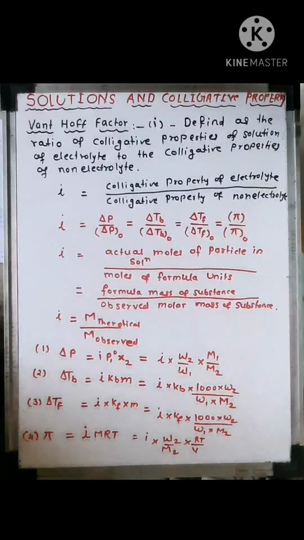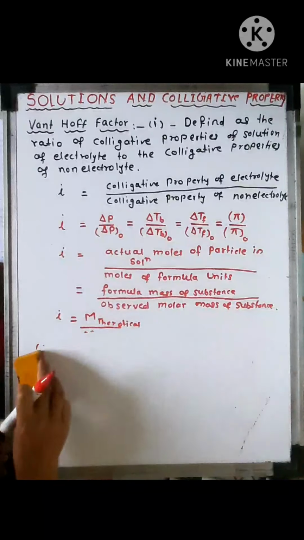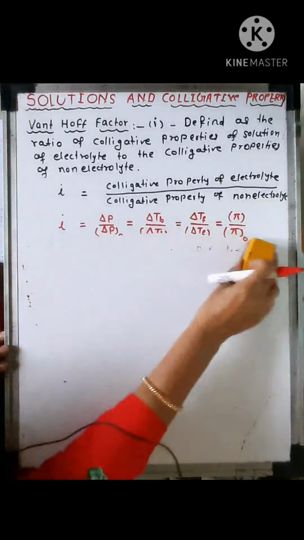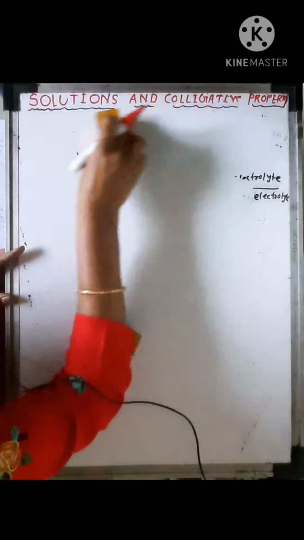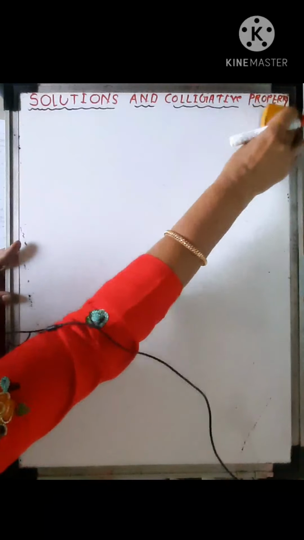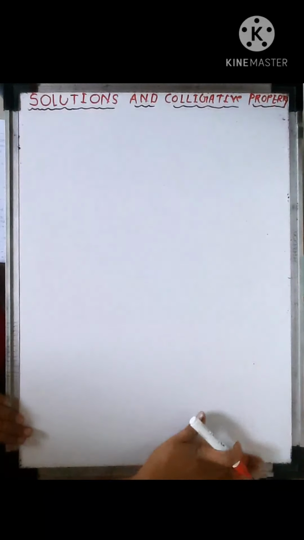Now the next topic is the relationship between Van 't Hoff factor and degree of dissociation, which we had studied in the third lesson, ionic equilibria. And in this lesson we had studied Van 't Hoff factor.